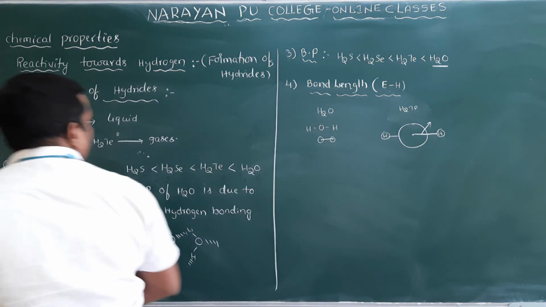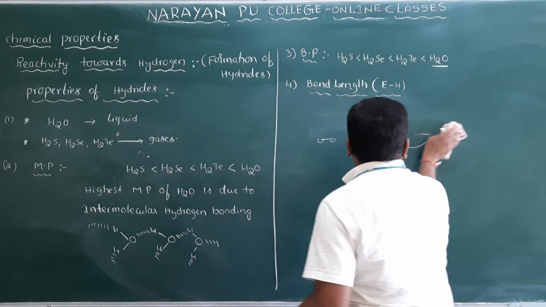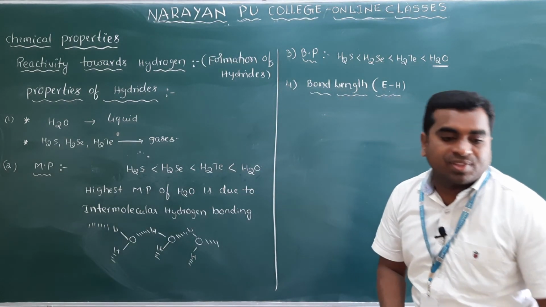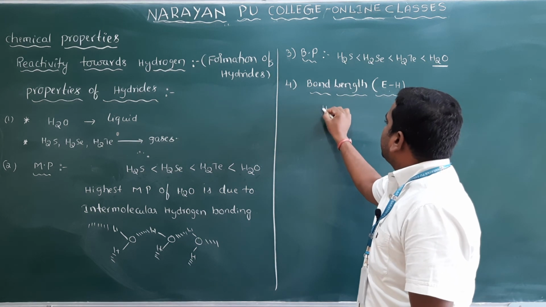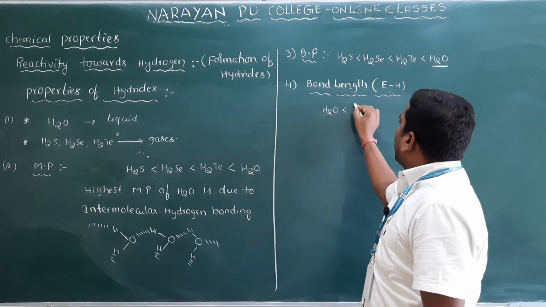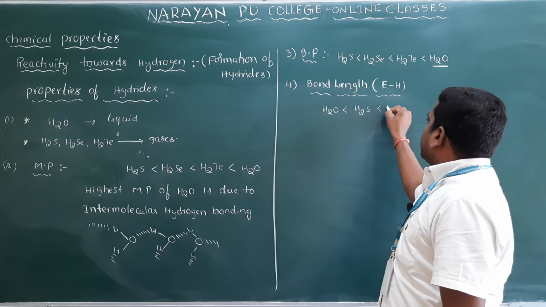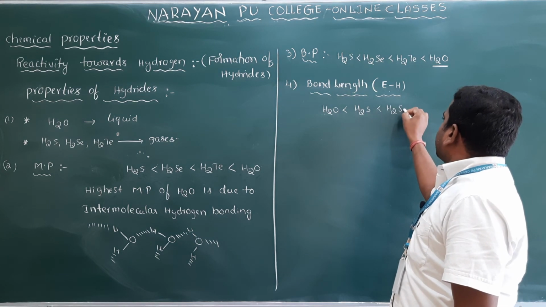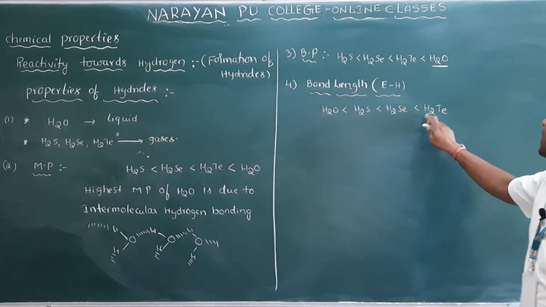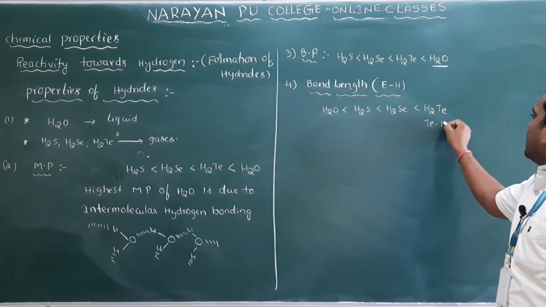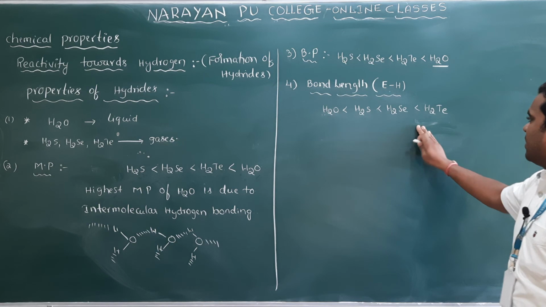Bond length increases, and automatically bond strength decreases. So the bond length order here is H2O is less than H2S is less than H2Se is less than H2Te. This means the Te-H bond length is longer.